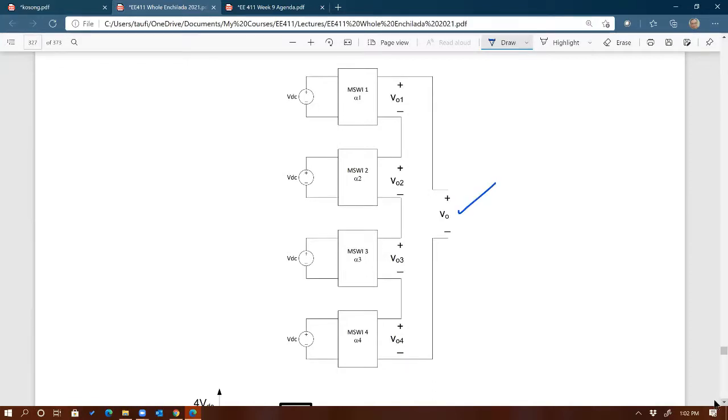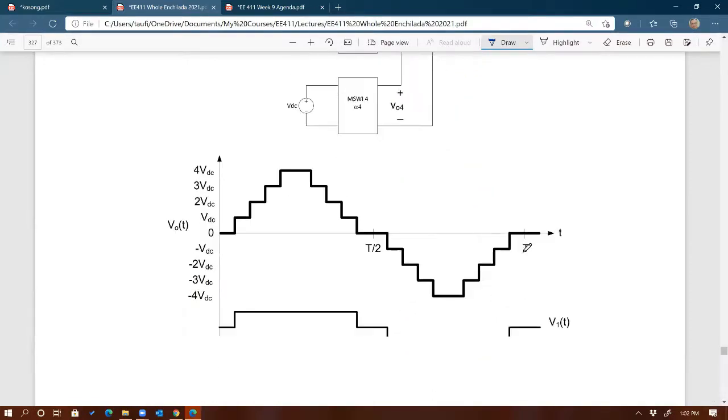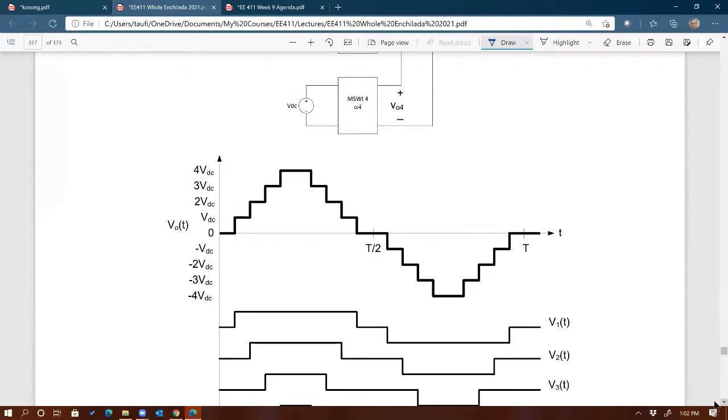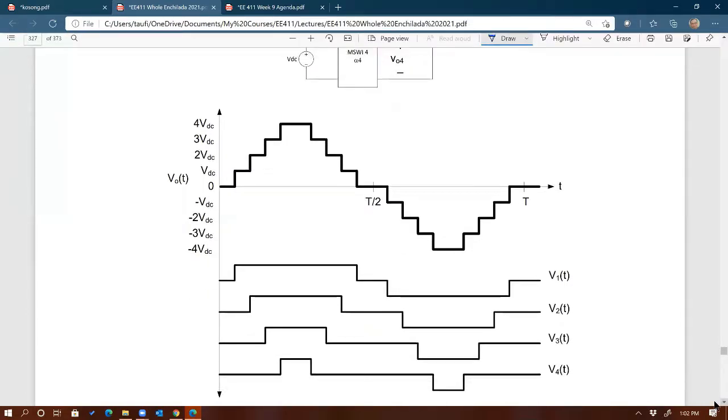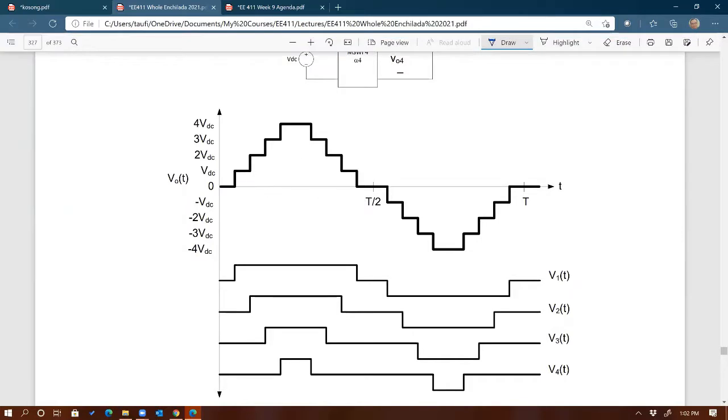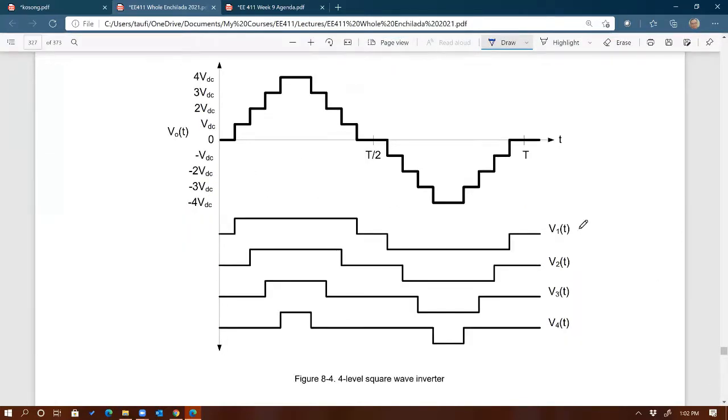So I have an even better output waveform that looks closer to a sine wave. Here's the output of the first inverter, the second, the third, and the fourth. Every single one has different alphas, and if you add them up, you get these waveforms.